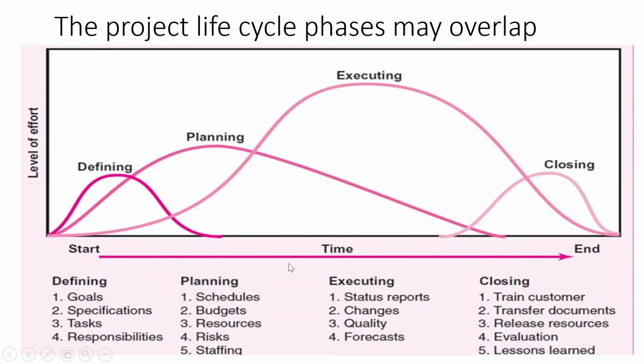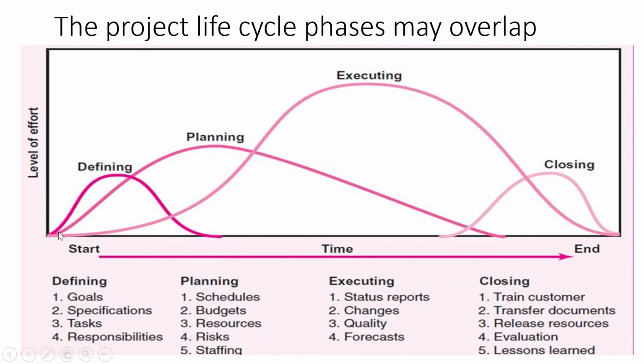We can see that project life cycles sometimes may overlap. Look, the initial defining starts and then it ends: defining the goals, specifications, tasks, responsibilities. But look, the next, planning, would have started together.